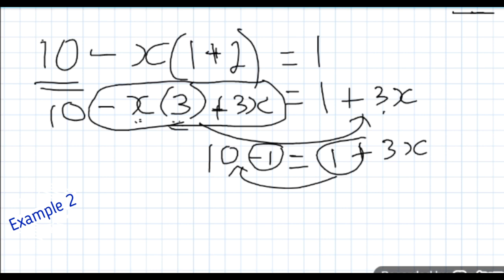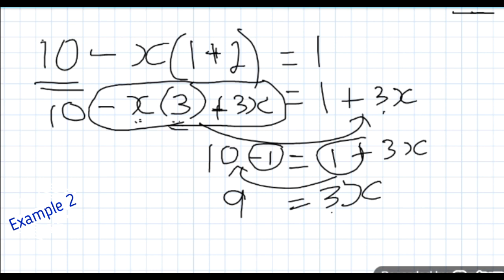So on the left you now have 9. 10 minus 1 is 9, equals 3x. Sorry, x is not very neat. 3x. What do we do as our next step?